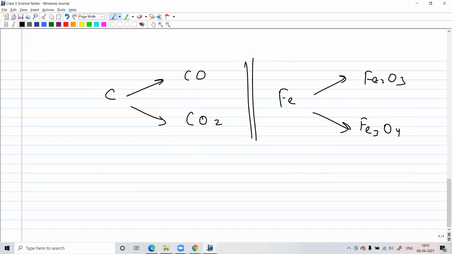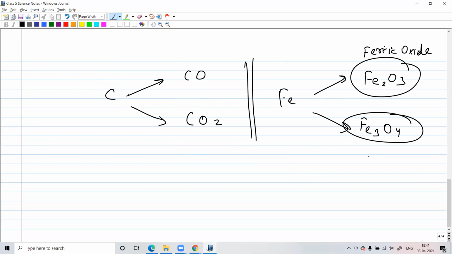Oh yeah, I was mixing it up. When I was studying chemistry earlier, I used to have this confusion, which I'm still carrying with me, the ferrous and ferric confusion. So actually this one with Fe2O3 is ferric oxide. And the one with Fe3O4 is ferrous oxide.